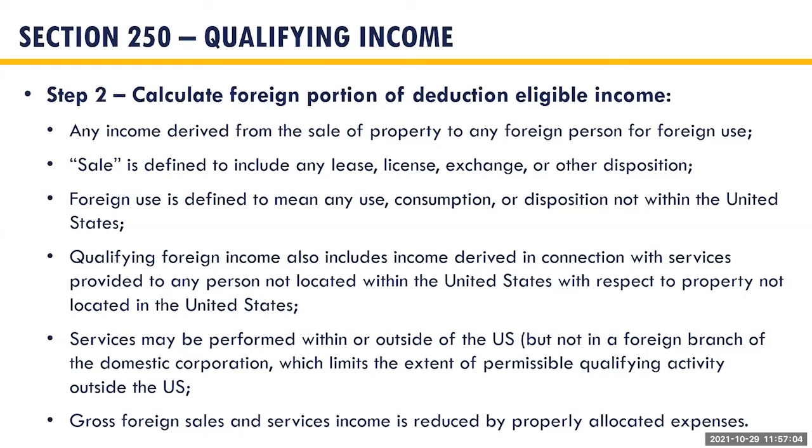In some cases they are allocable among each, in which case you can use a reasonable method, either proportionate sales of each, or cost of goods sold, or margin, or something along those lines, to allocate those expenses which would be applicable towards both U.S. and foreign sales. And that's where some of the nuance comes in this calculation.